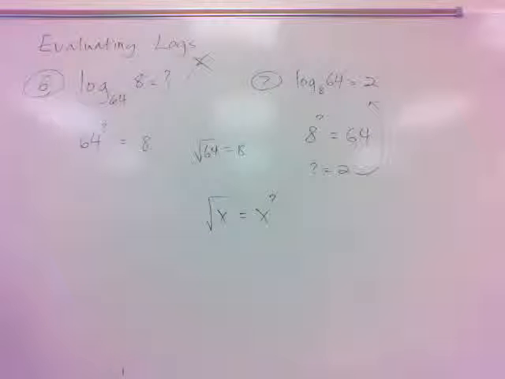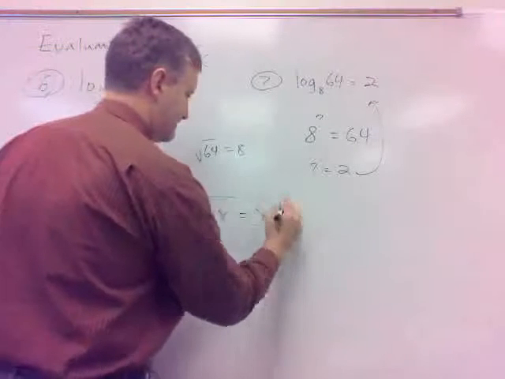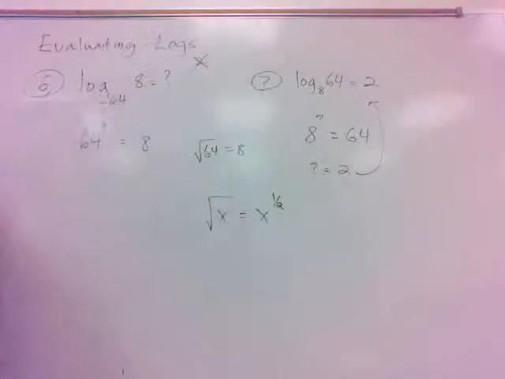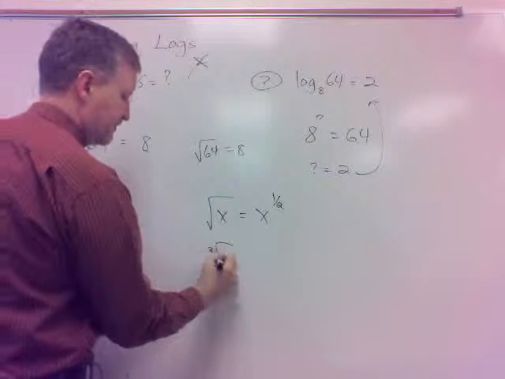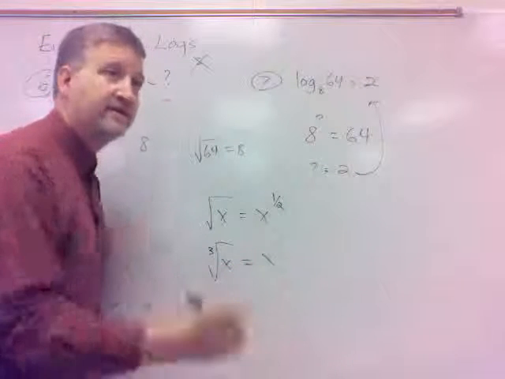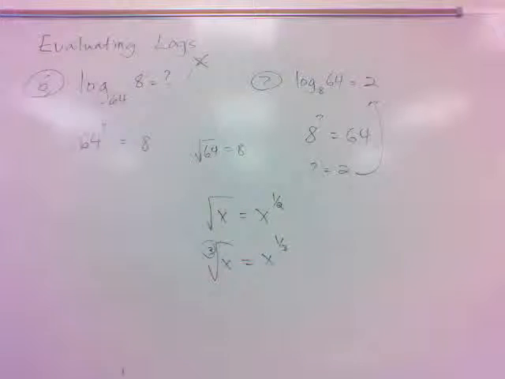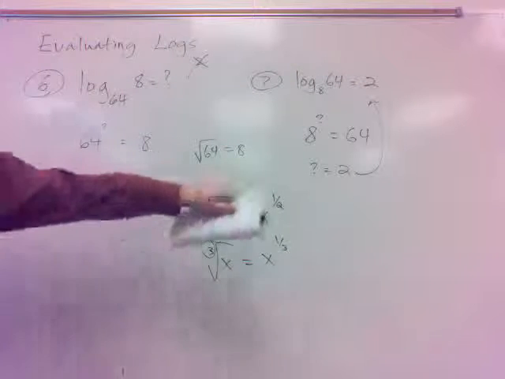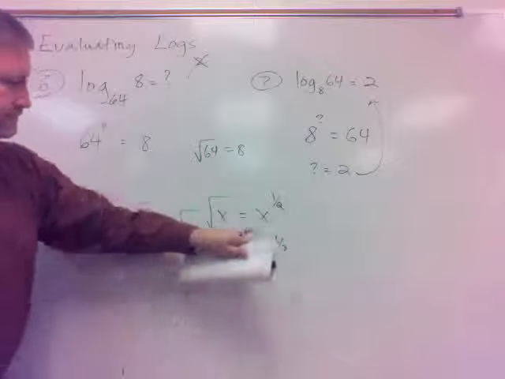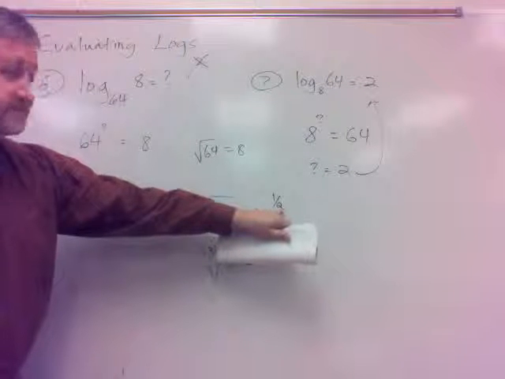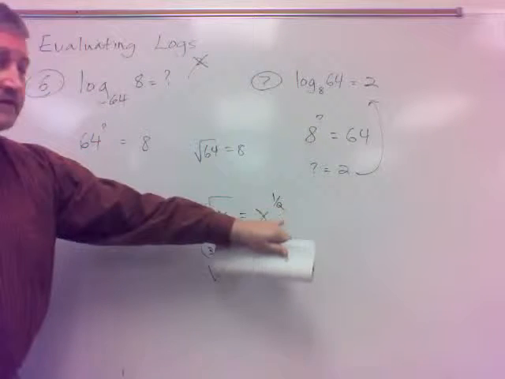Square root of x equals x to the... Anybody? It's 1/2. Square root of x is x to the 1/2. What's the cube root of x? X to the 1/3. Yes. If you have a root, the root is the denominator. Square root, so we have root 2, so that's the denominator.